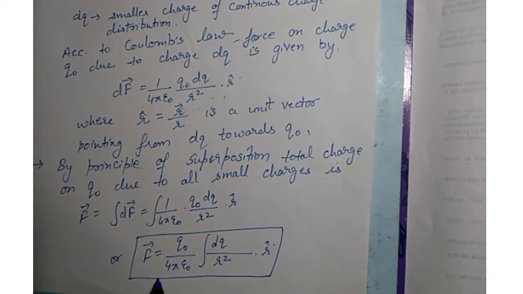Hence, the net force F vector is equal to q naught upon 4 pi epsilon naught times the integration of dq upon r square, r unit vector.